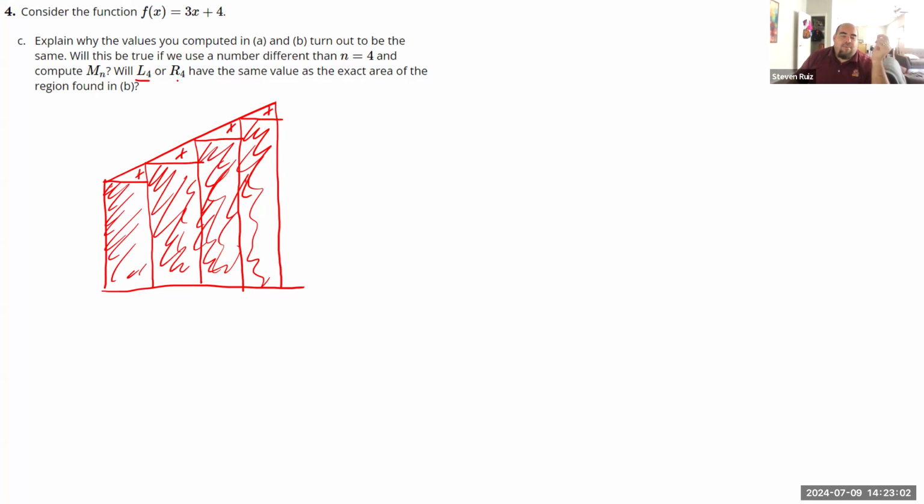I'm not going to draw this for you, but if you need to convince yourself, I would encourage you to draw the right end rectangles to see that those are all going to be overestimates. You're going to end up finding the areas of these little small triangular regions that don't live under the curve. So to answer your final question in part C, L4 and R4 will not have the same value.